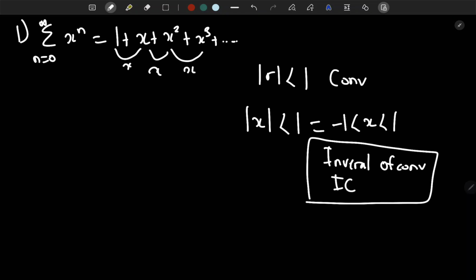Now another terminology that you need to know is called radius of convergence, and the short form is ROC. Basically, the radius of convergence is half of the interval of convergence. If you find the length of the interval of convergence in units, it's going to be 2.